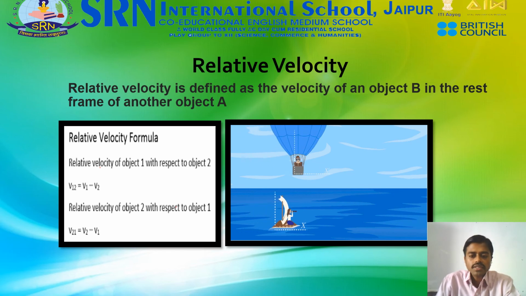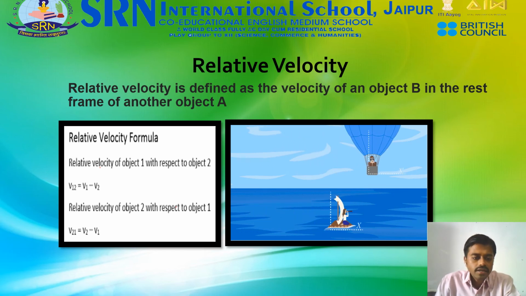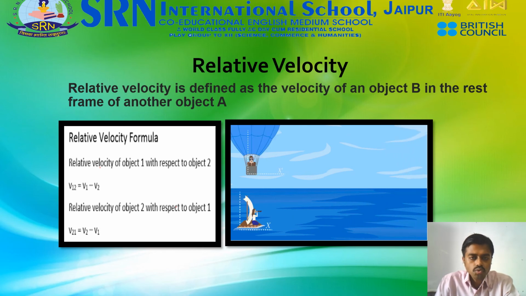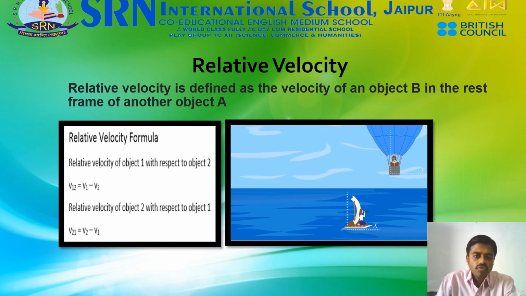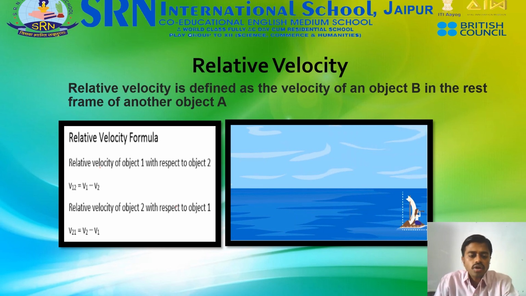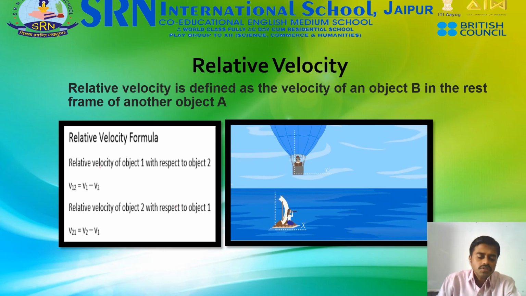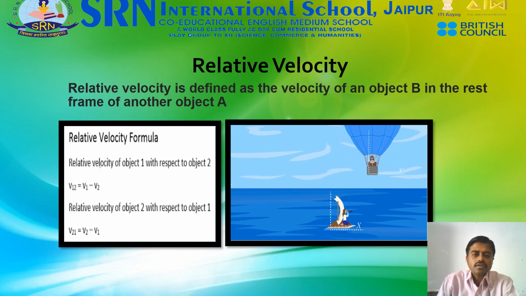If they are moving in the same direction, then the relative velocity of 1 with respect to 2 will be given as v1 minus v2. Similarly, if we find the relative velocity of object 2 with respect to 1, then we subtract the velocity of body 1 from the velocity of 2. This is the way by which we write the relative velocity.